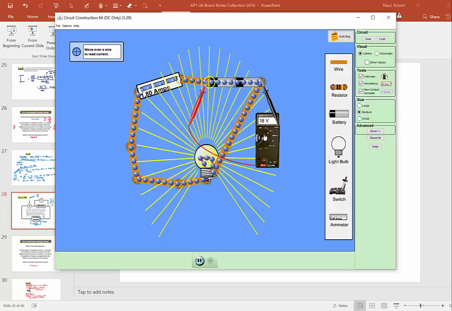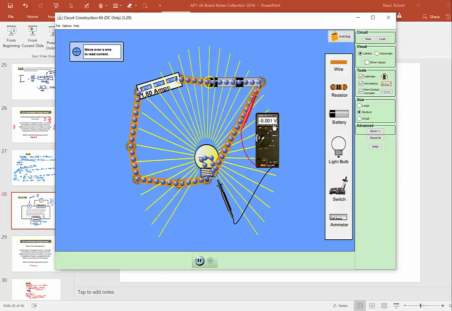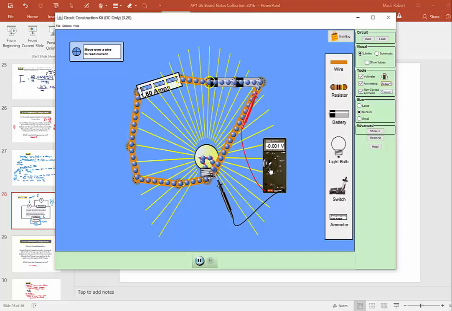Okay, there I'm measuring positive 18 volts as my electrical potential difference. So I can measure the voltage across the ends of a resistor. I can measure across some part of the wire here. Okay, so it looks like this wire has very low resistance, a very small voltage drop across the wire. I mean, some energy must be lost, a little bit, but that's just kind of an example.